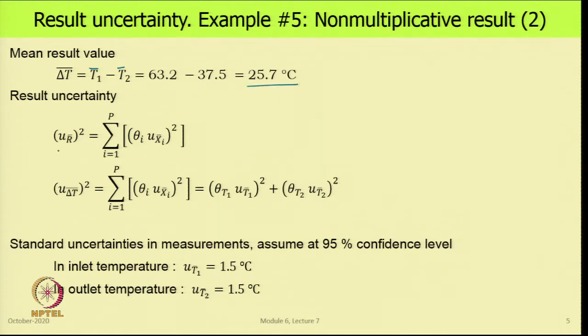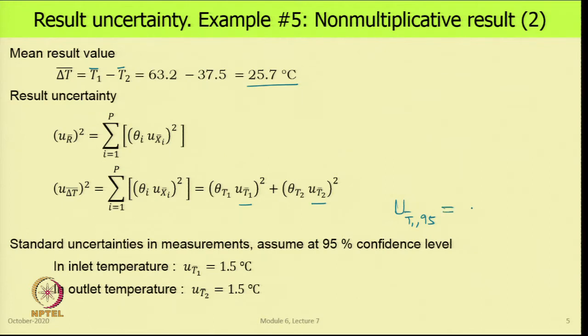The result uncertainty relation is that U r bar squared is the sum of theta I U x I bar, all squared, added over all the parameters, which in our case becomes U delta T bar squared is theta T 1 U T 1 bar squared plus theta T 2 U T 2 bar squared. Now, we were given U T 1 bar, and technically this is the T 95 uncertainty.